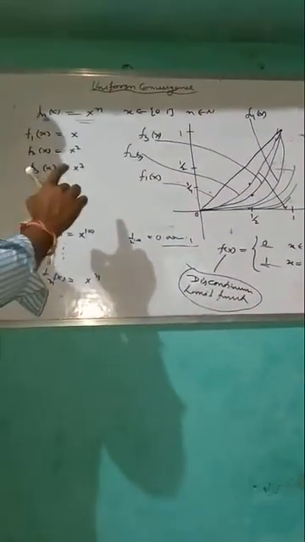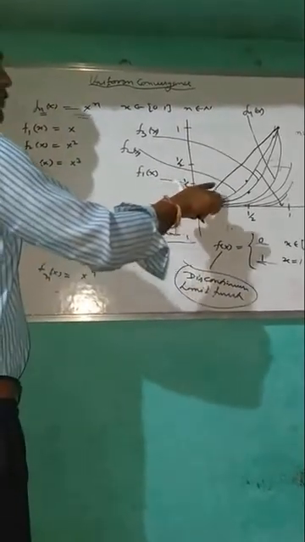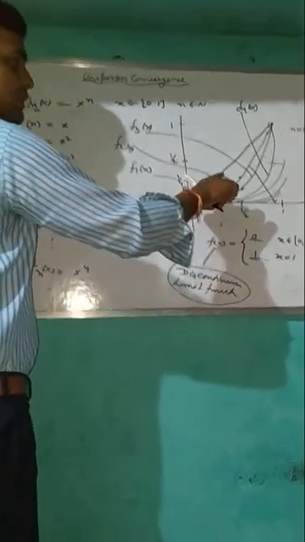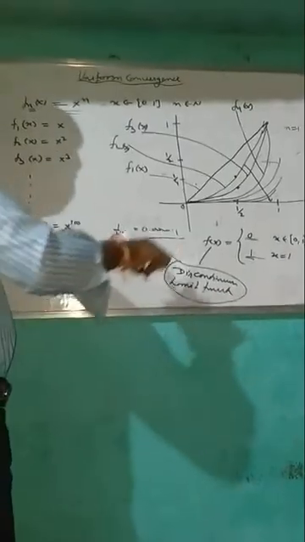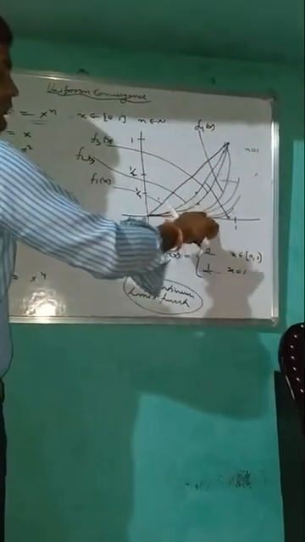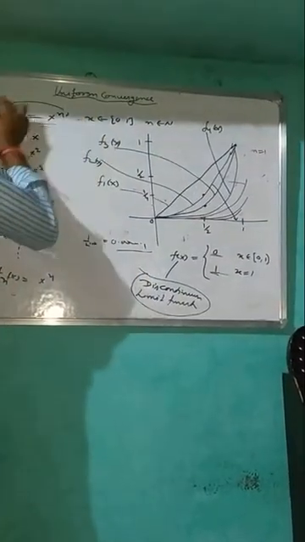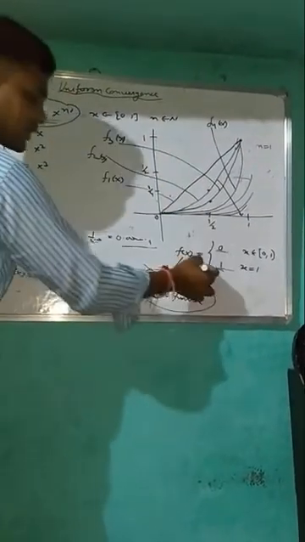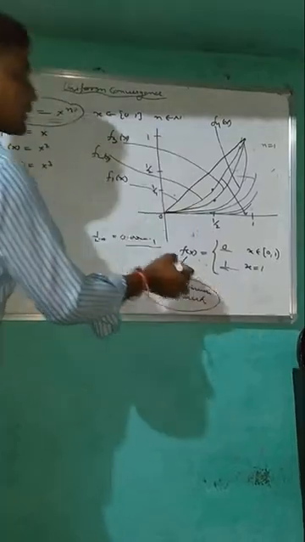And the second concept is that all the functions from f1 to f infinity have a limit. It means the function is pointwise convergent, but the limiting function is discontinuous.